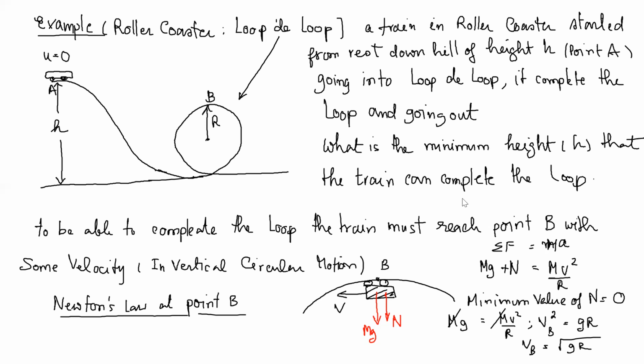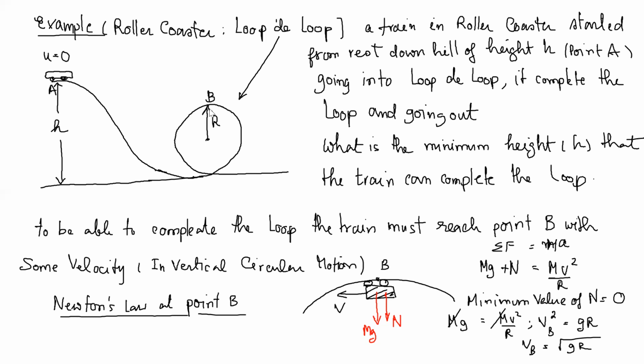If the velocity is lower than the square root of gr, it will not complete the loop. It will fall down. But if it exceeds the square root of gr, the train will complete the loop, with people at point B feeling some compression force, which amusement parks don't like.